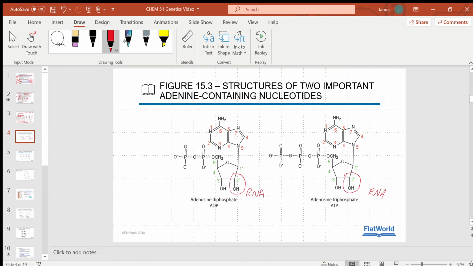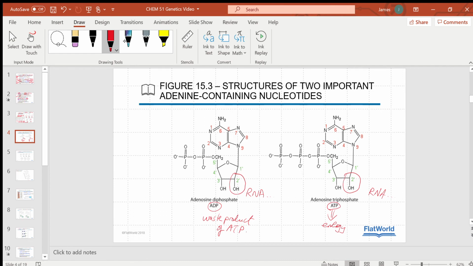Okay, so most people have heard of ATP. This essentially is biological energy. And this is a waste product of ATP.